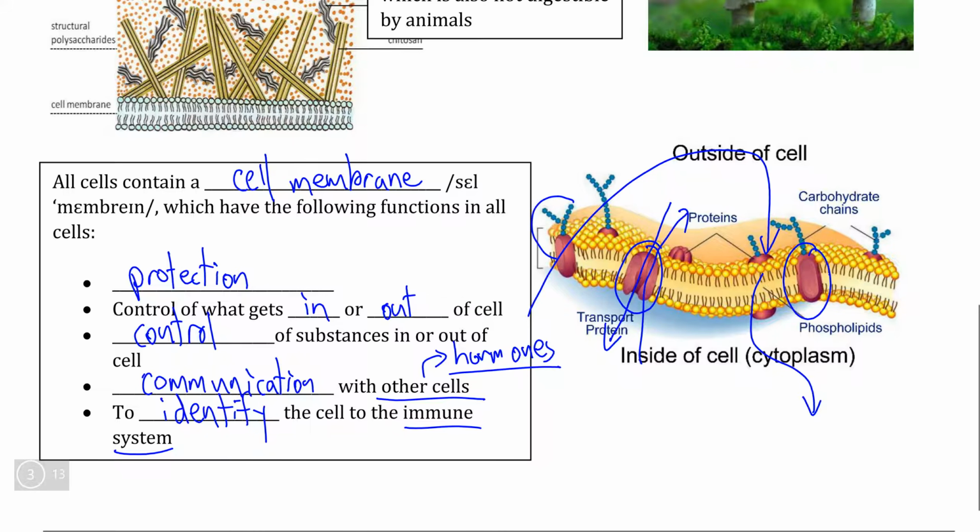And there are specific structures on the surface of the cell membrane that act as very specific identification so that the white blood cells of your immune system understand that this cell should be in the human body and isn't a foreign cell that is there to make you sick.